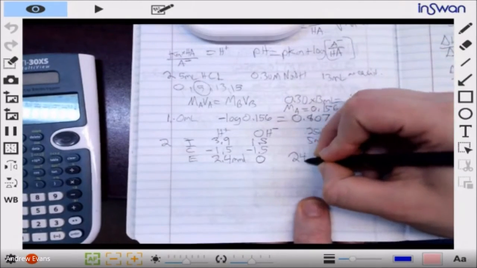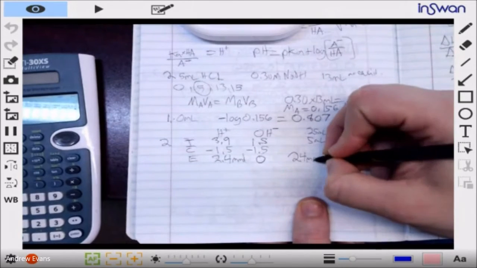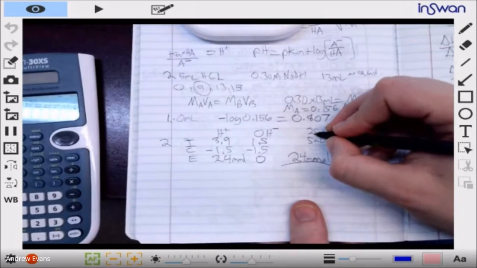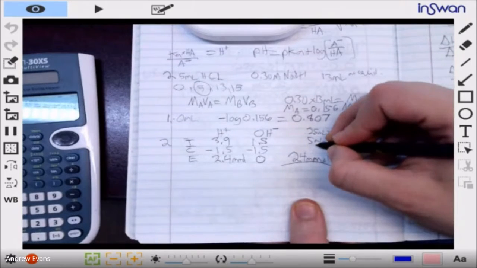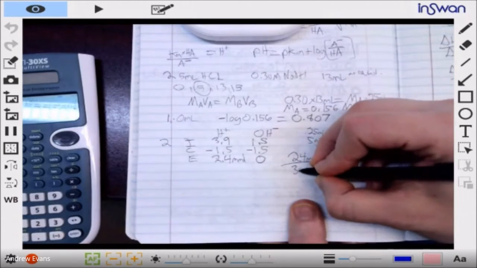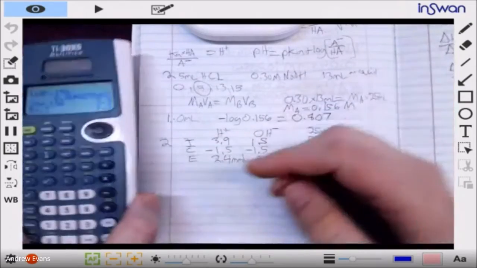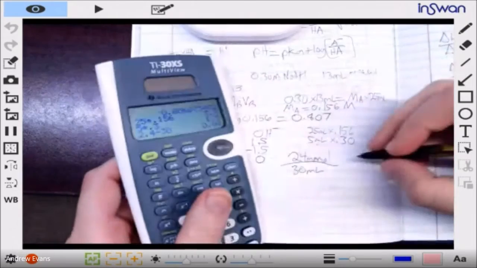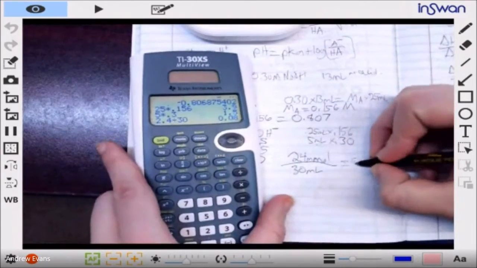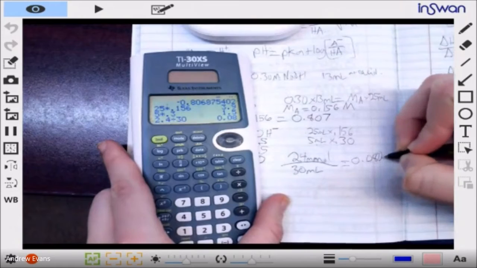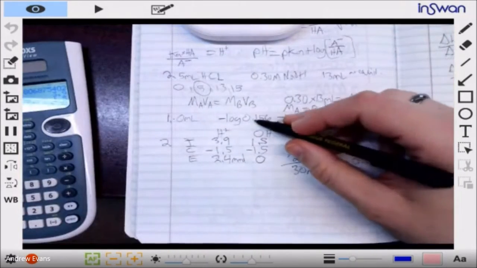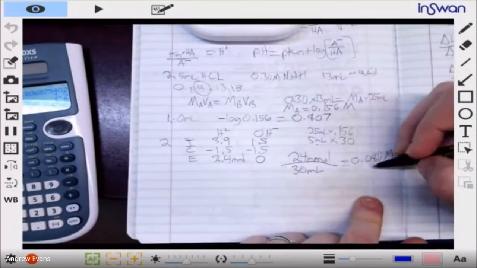Then we have to redilute. So we have 25 mils. How much base did we add? We added 5 mils of base. When we added 5 mils of base, it went to 30 mils. So 2.4 divided by 30 means our molarity has gone to 0.080 molar. So we've gone from 0.156 to 0.08.